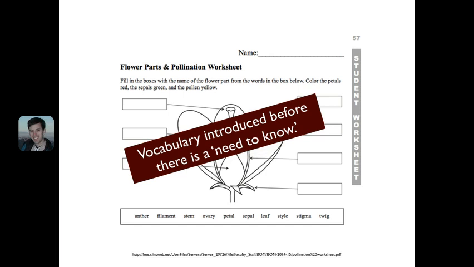But I would like to propose that the words that are right here are not essential to understanding a flower, and therefore they should not be front-loaded. We front-load words that are really impediments to understanding, where you can't talk about things without those words. And within science, we prefer a different approach to vocabulary. Let me show you how that looks in NGSS.